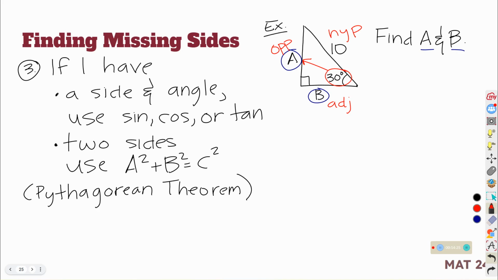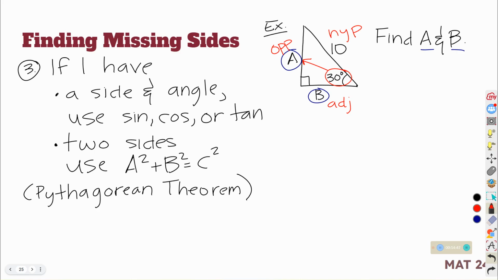Do I have a side and an angle or two sides? What do I currently know in my picture? Side and angle. I know my hypotenuse is 10. I know I have a 30-degree angle. That's a side and an angle that are known, which means I have to start here. I don't have enough information to use Pythagorean theorem.